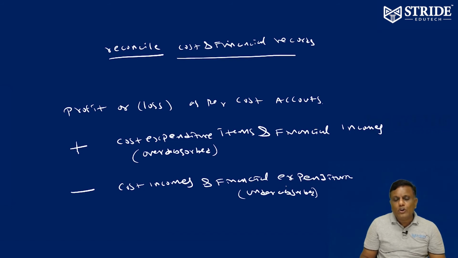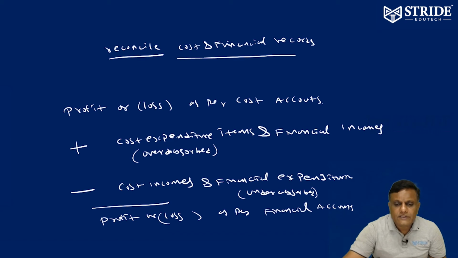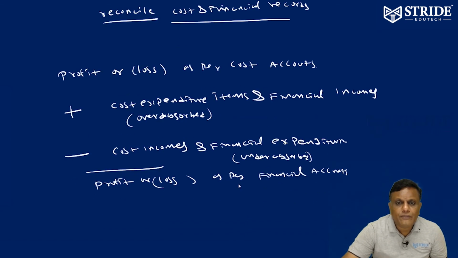Therefore, it is under absorbed by 20,000 rupees. So that is to be subtracted. So cost incomes and financial expenses to be subtracted. So the answer you will get is profit or loss as per financial accounts. That's it. This is the way the reconciliation step is to be involved.